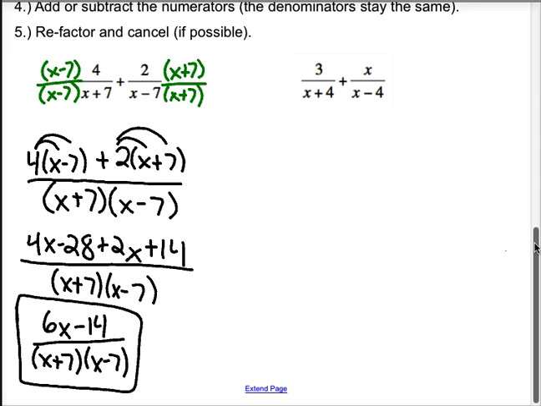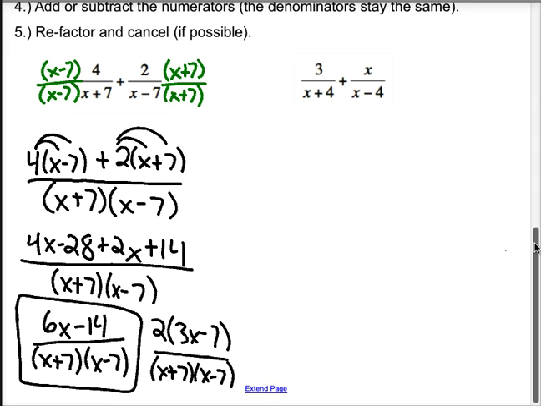All right? Now, if you wanted to get really fancy, I would also think it's neat if you pulled out a 2 from the numerator to get that, but either answer will suffice for me. But if you want to take a step further, factor out that 2 on top, awesome, even better.